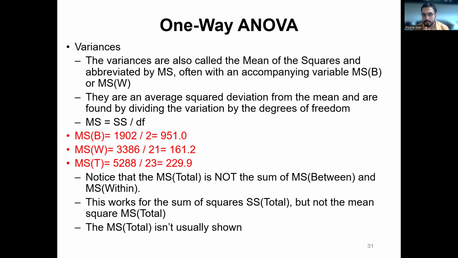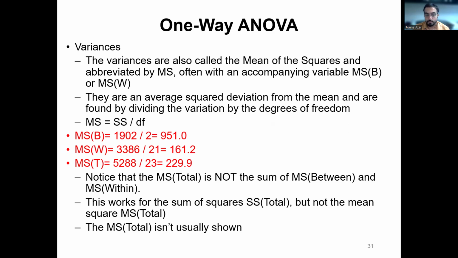So for the mean of squares between groups, we divide the sum of squares between groups by the degree of freedom for between groups. We have to do that for the within groups and total. The MS total is not the sum of MS between and within. That works for the sum of squares, but not for the mean of squares.